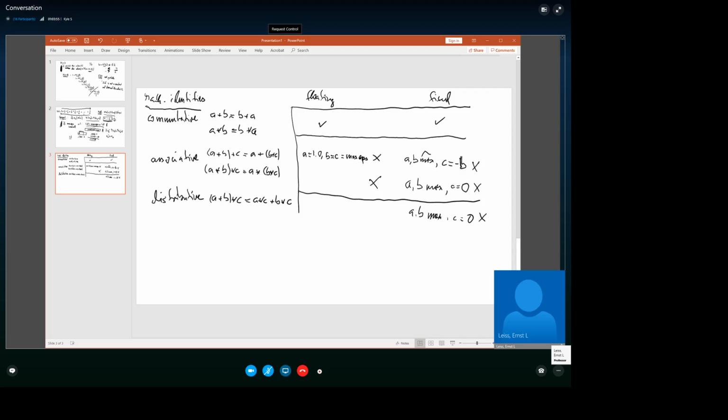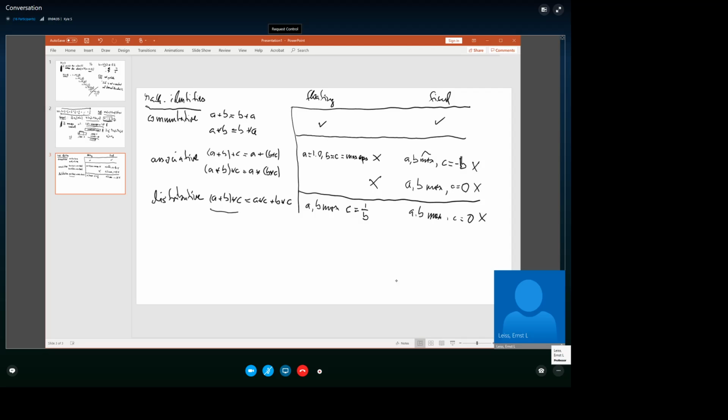If you want a different example, you can have a and b maximal, and c is equal to 1 divided by b. For floating point, you can do that, but not for fixed point because 1 divided by b doesn't have a fixed point representation. But if you do that, a plus b is going to give you an exception, so you're going to have a problem here. And you're going to get an exception here.